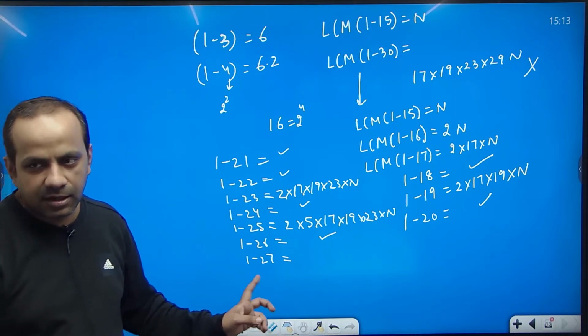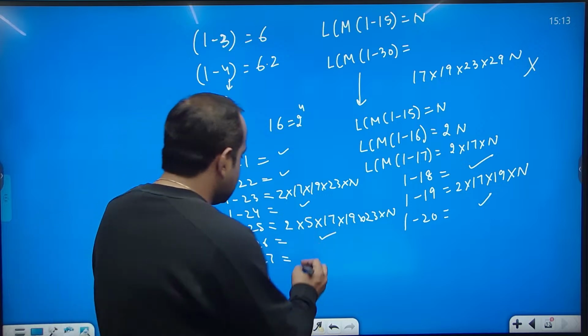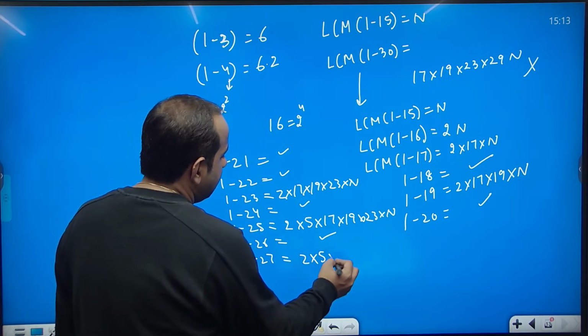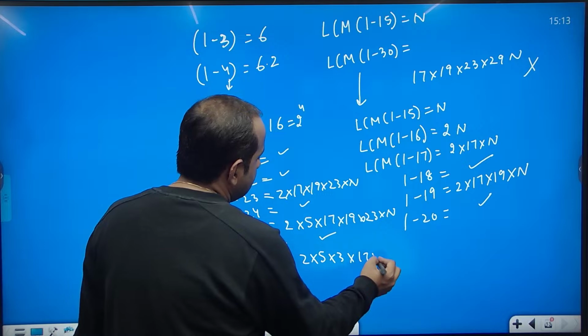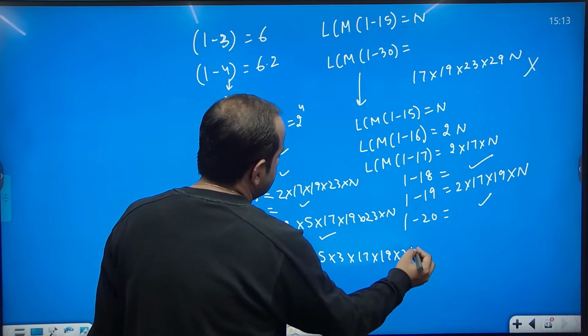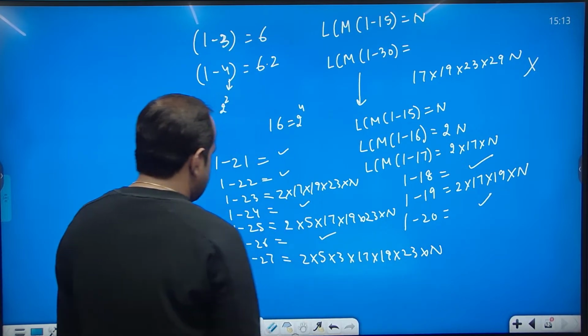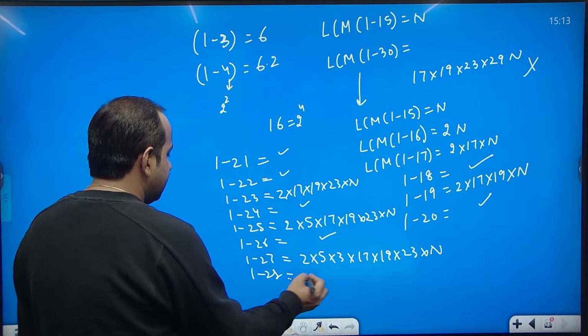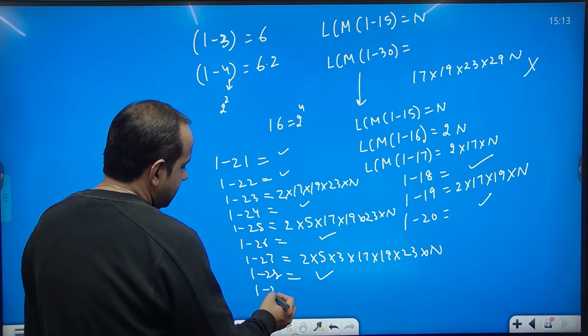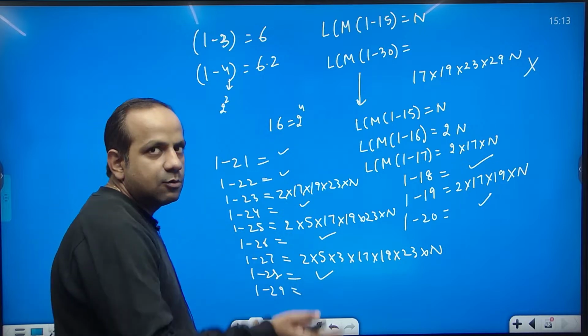For 27, an extra power of which number is coming? So one more 3 will come here. 2 into 5 into 3 into 17 into 19 into 23 into n. And same way for 1 to 28, it will be the same. And from 1 to 29, 29 extra.